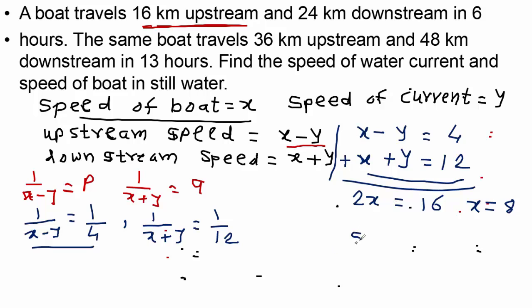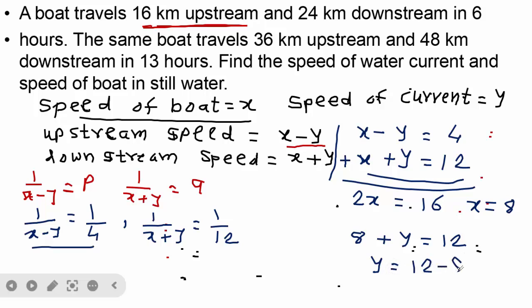I shall put it in the second equation: 8 plus y equals 12. Therefore, y equals 12 minus 8 equals 4. What is x? x is the speed of the boat. Therefore, the speed of the boat is 8 km per hour. And what is y? Speed of the current. That means the speed of the current is 4 km per hour.